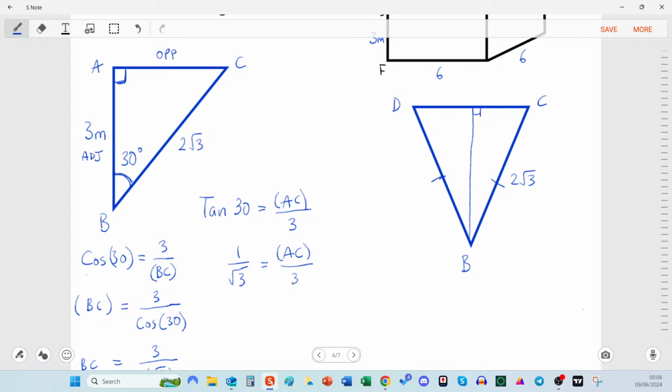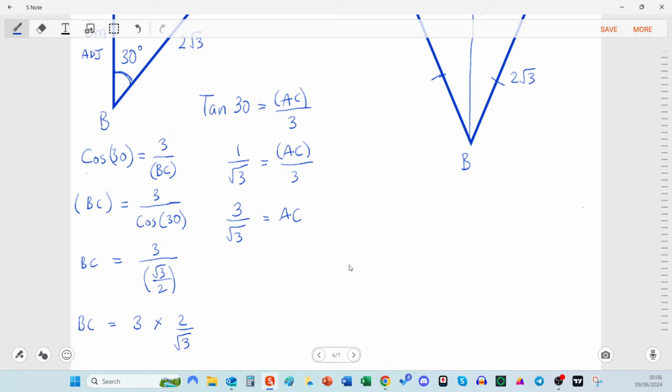Over 3. So AC, let's keep it on the other side. AC is equal to, multiplying by 3, 3 over root 3. Hold on. Yeah, there we go. Right, so AC is 3 over root 3.